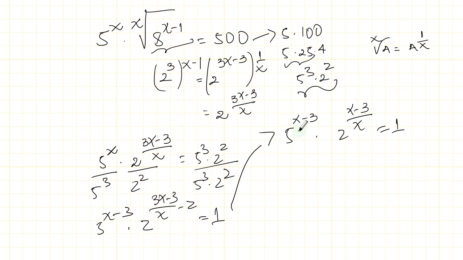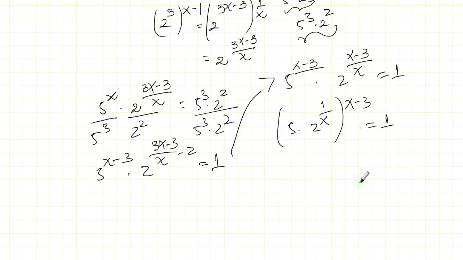So now we see I have x minus 3 here. So I'm going to say this is 5 times 2 to the power 1 over x, all to the power x minus 3. It's the same thing, right? So now we're going to have 1 here. So from here we can apply log.